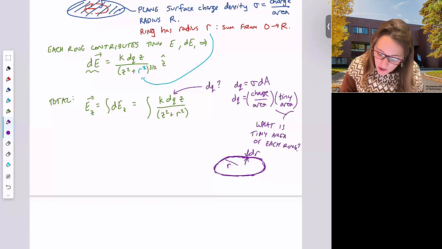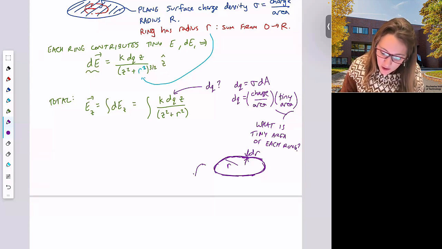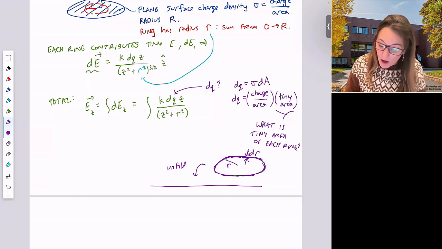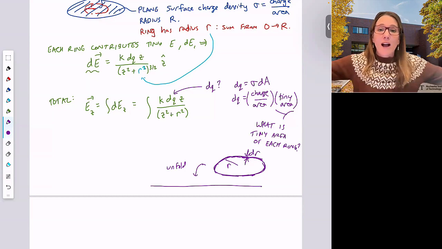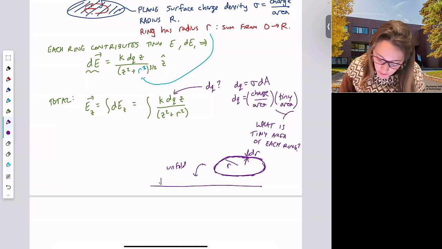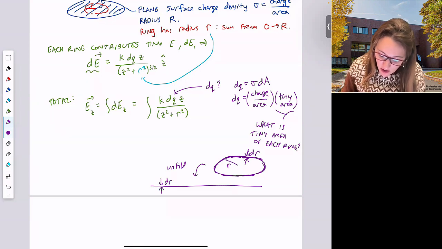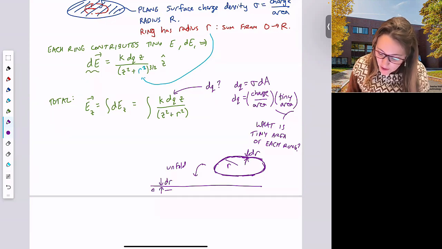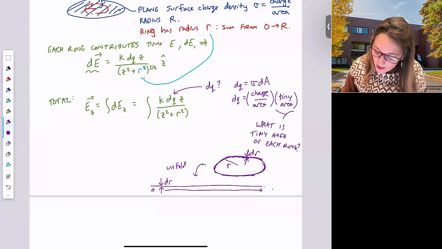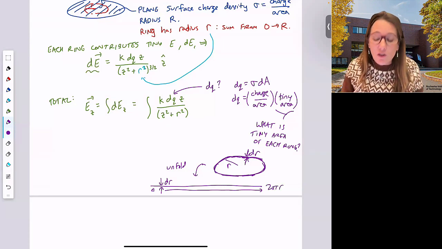So if we now imagine unfolding this, we just end up with a straight line. If I unravel the loop, the thickness of it is dr, and the full length of it is going to be 2 pi r. And so this then ends up having an area.